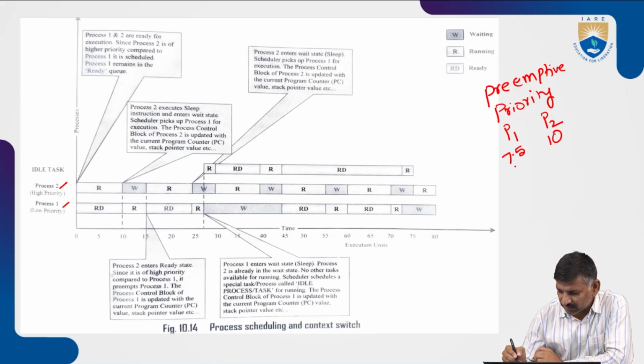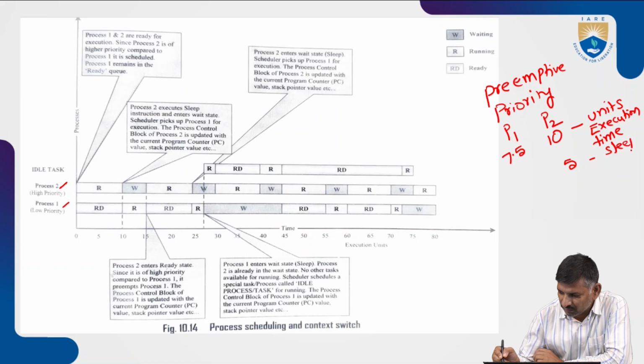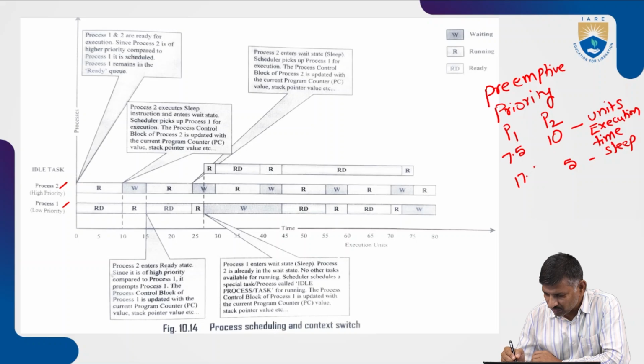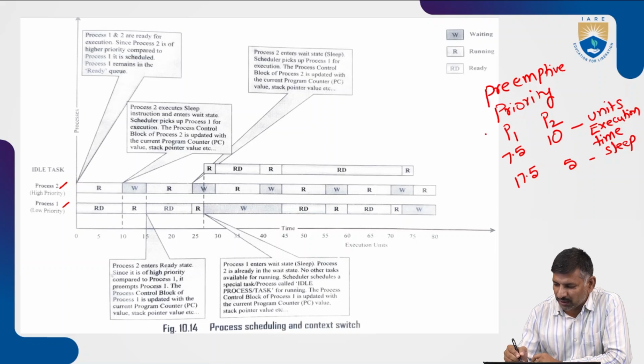P2 sleeps for 5 units of time, and P1 sleeps for 17.5 units of time. So P1 is the lowest priority, and P2 is the highest priority.